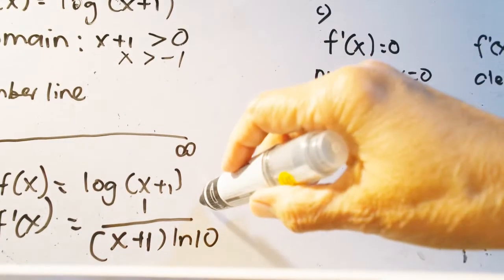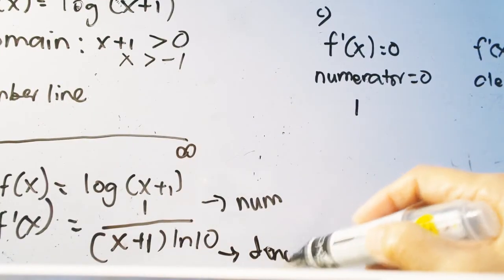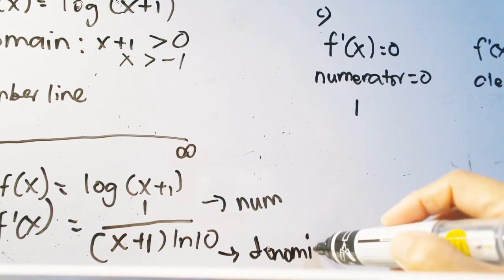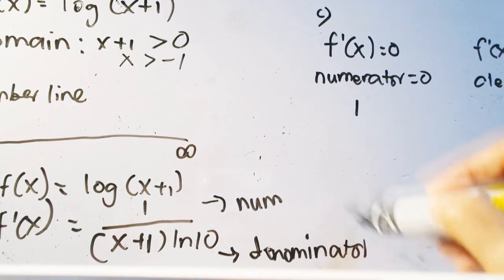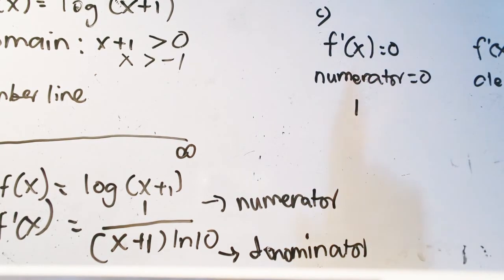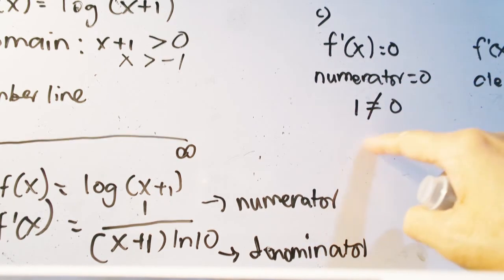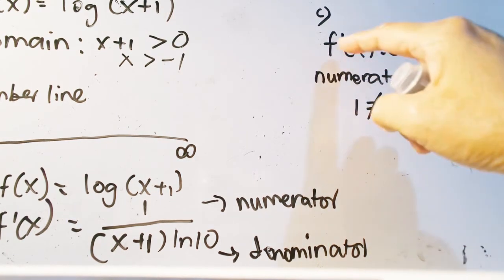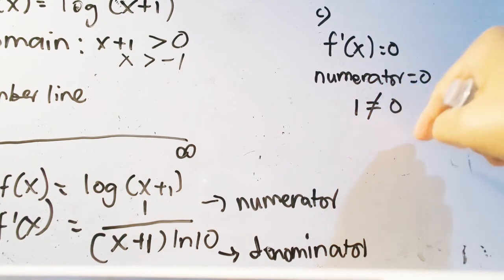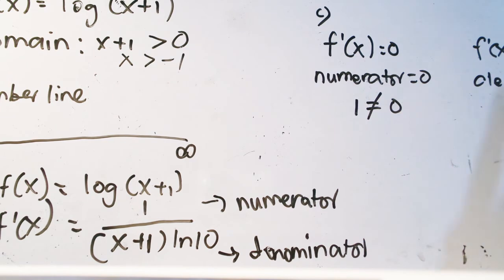This is the numerator. This is the denominator. So 1 equals 0 is impossible, cannot be. So we don't have any x values that would make the slope 0. So for this function, the graph does not have 0 slope.